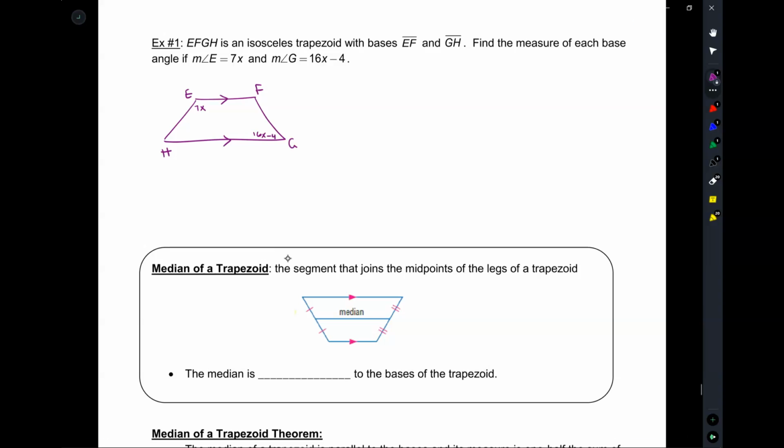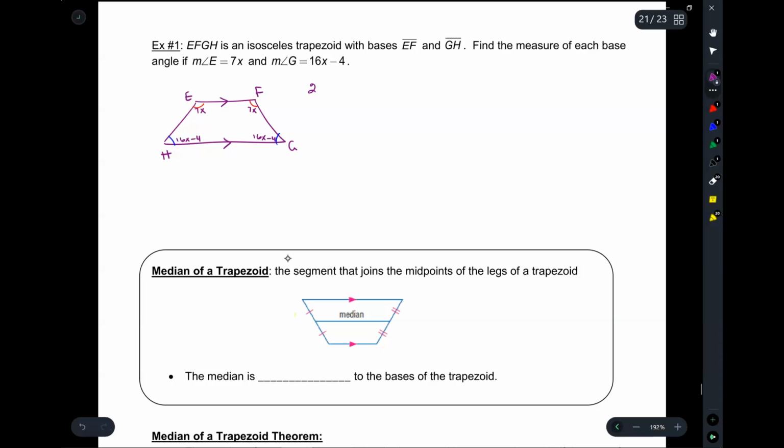Okay, so if E is 7x, well, I know that these two base angles are congruent to each other, so that's also 7x. And I know that these two angles are congruent to each other, so that's also 16x minus 4. That means you can do this two ways.